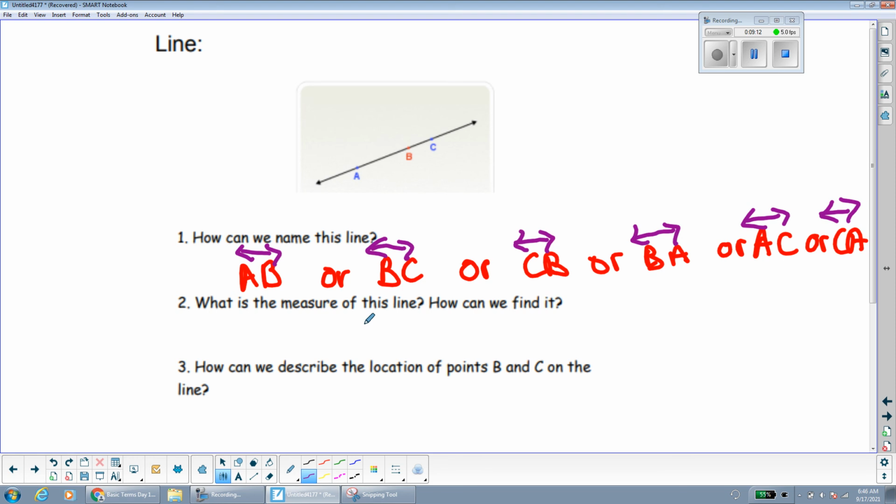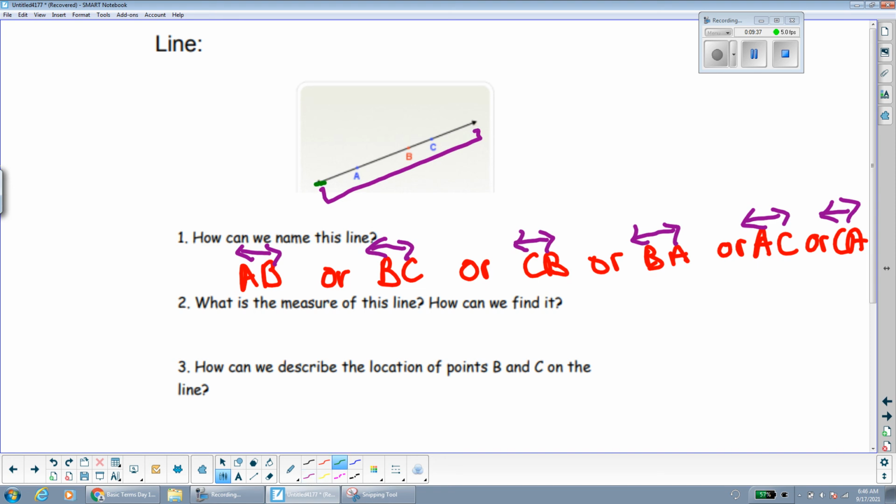What is the measure of this line? How can we find it? You might be thinking this is a trick question, and you're absolutely right. It is. Since a line goes forever to the left and forever to the right, you can't measure it. There's no clear start and stop point, because if we took a ruler and measured what we see here on the screen, we're not getting the whole line.